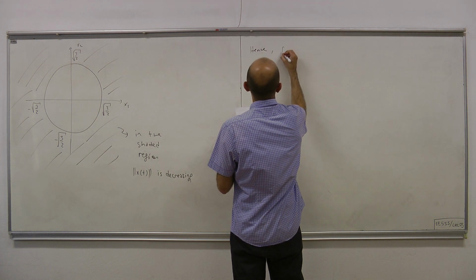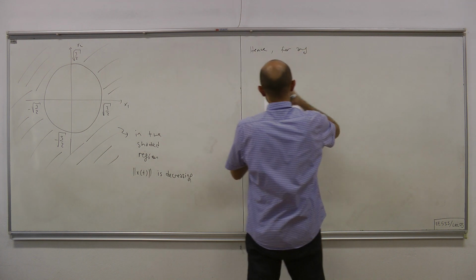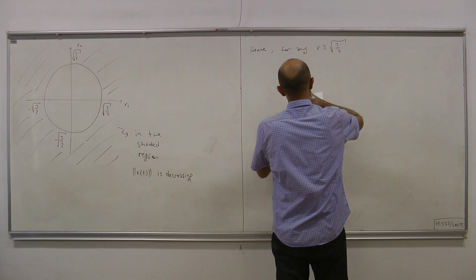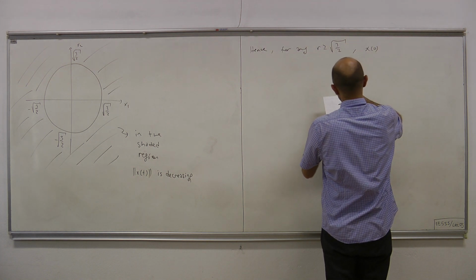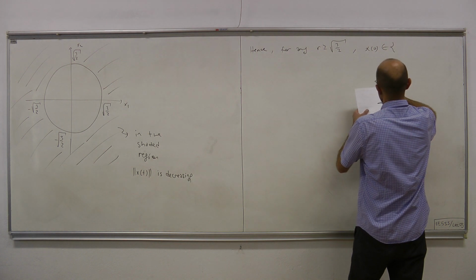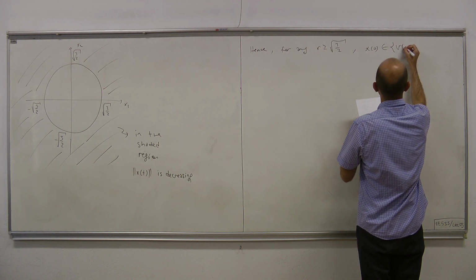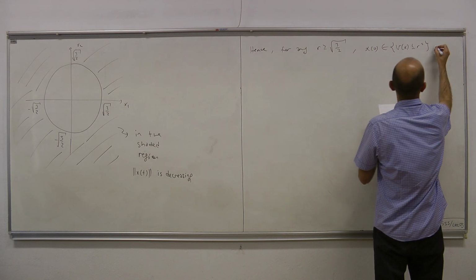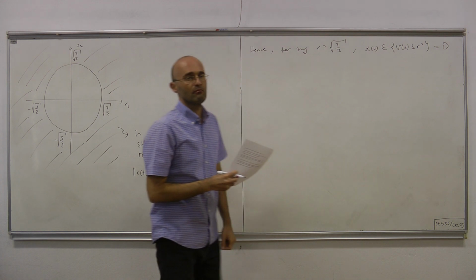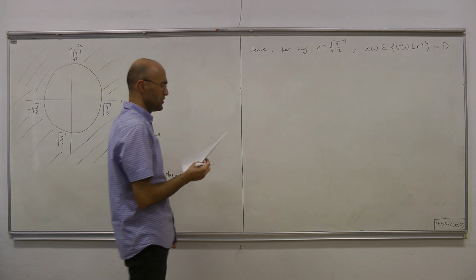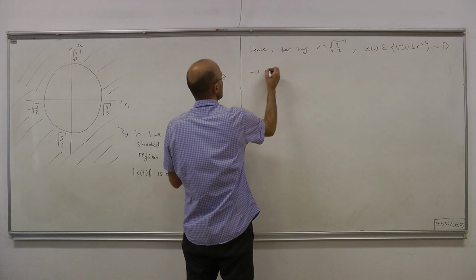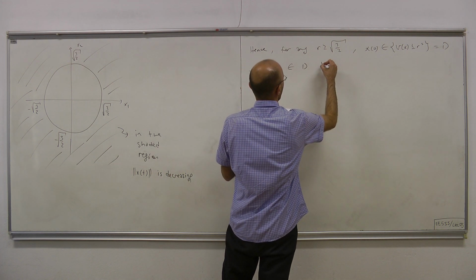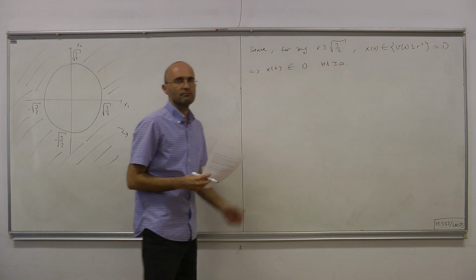Hence, for any r greater than or equal to square root of 3 over 2, x0, the initial condition, that belongs to V(x) less than or equal to r squared, which is our closed bounded set candidate, implies x of t remains in D for all future time.